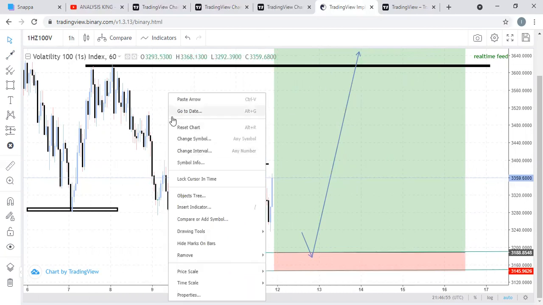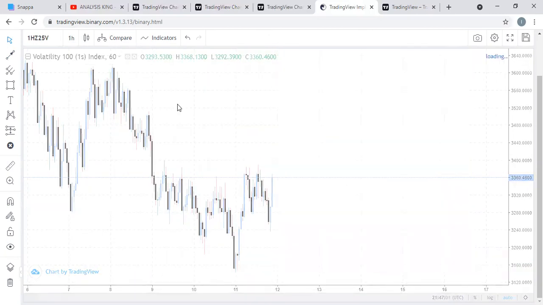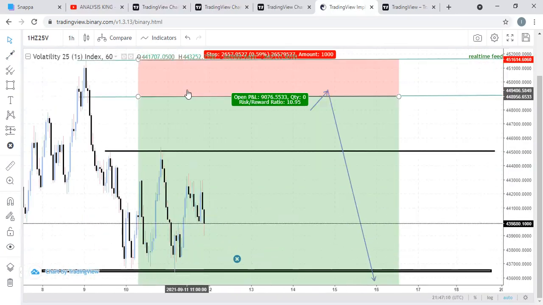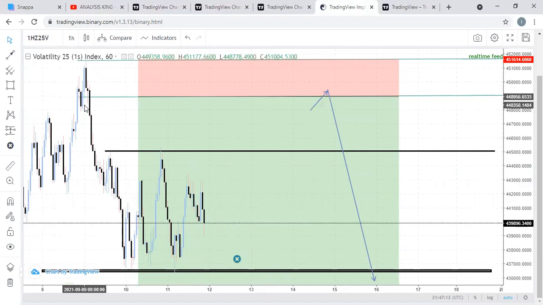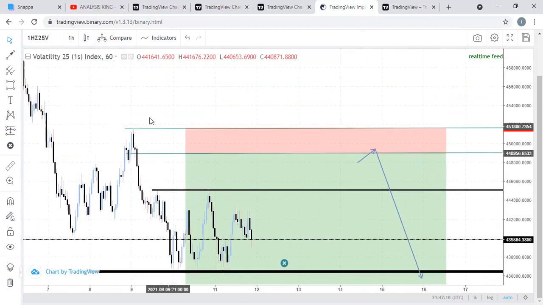Then I have VIX 25 1S. VIX 25 1S is also a pair that I'll be looking at to go short on it. So all I'm waiting for is price to come back to pick me in this particular order before going short.